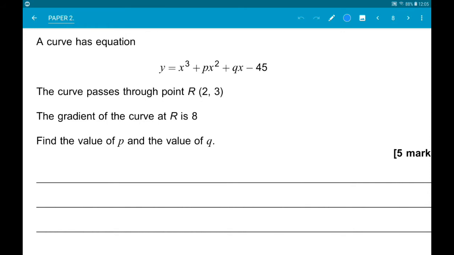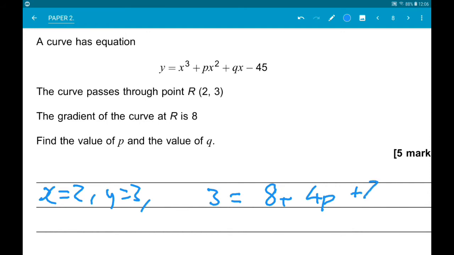So we know that when y is 3, x is 2. So x is 2, y is 3. It gives us 3 is 8, add 4p, add 2q, minus 45.